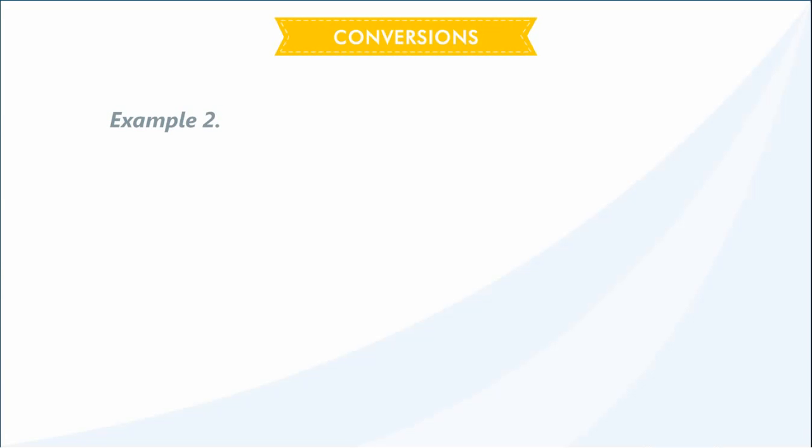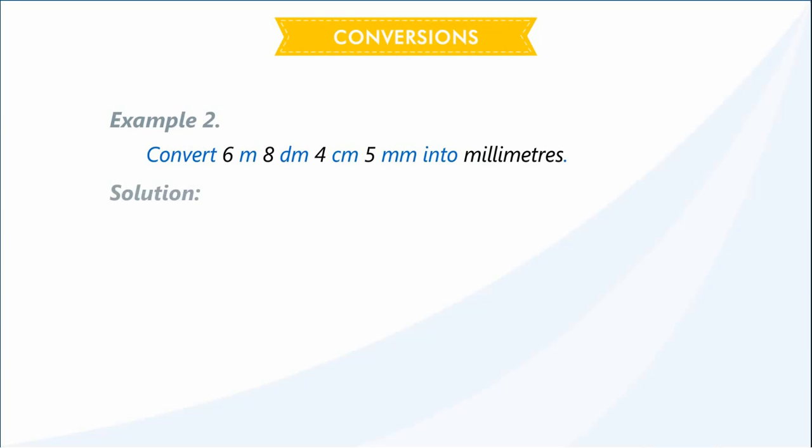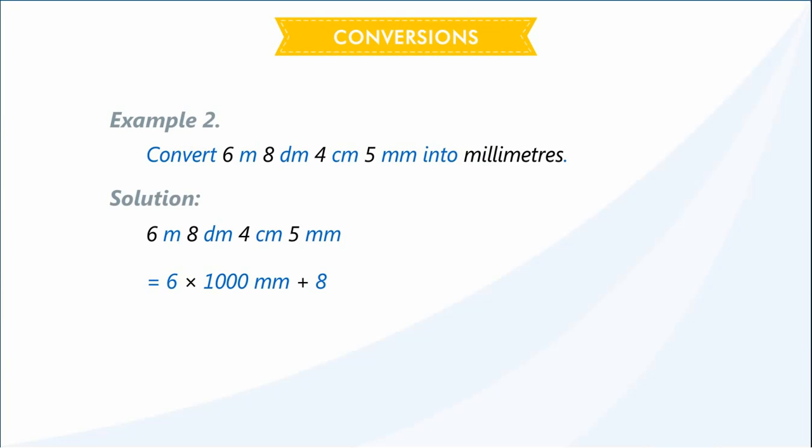Conversions. Example 2. Convert 6 meter, 8 decameter, 4 centimeter, 5 millimeter into millimeters. Solution. 6 meter, 8 decameter, 4 centimeter, 5 millimeter is equal to 6 multiplied by 1000 millimeter plus 8 multiplied by 100 millimeter plus 4 multiplied by 10 millimeter plus 5 millimeter.